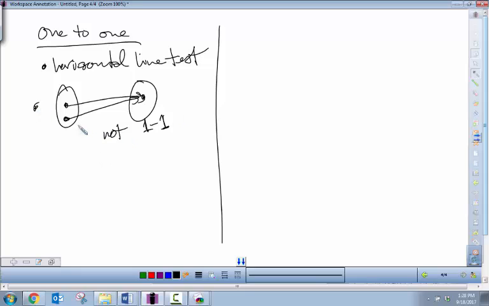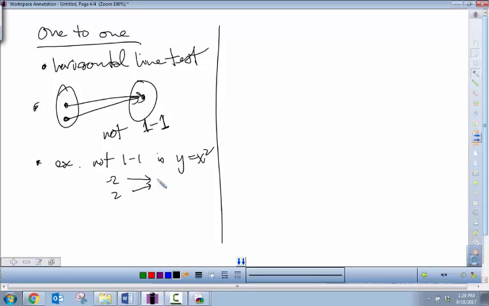So here's an example of something that's not 1 to 1. When 2 inputs go to the same output, that means it's harder to come back. Another example, not 1 to 1, is y is equal to x squared. It doesn't pass the horizontal line test, right? And then you take two numbers like -2 and +2.